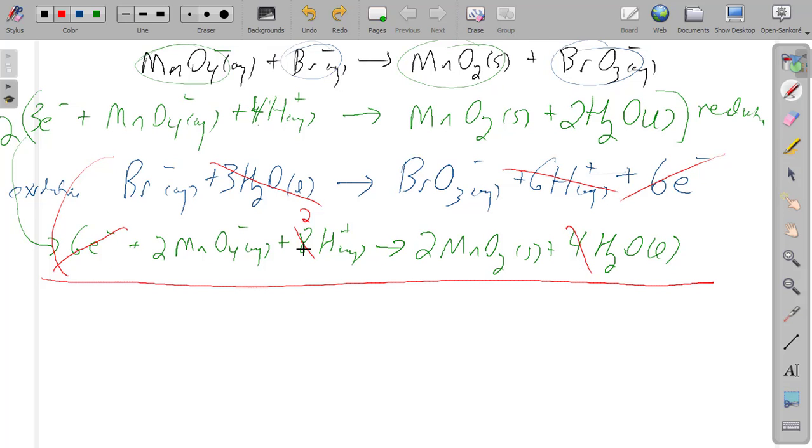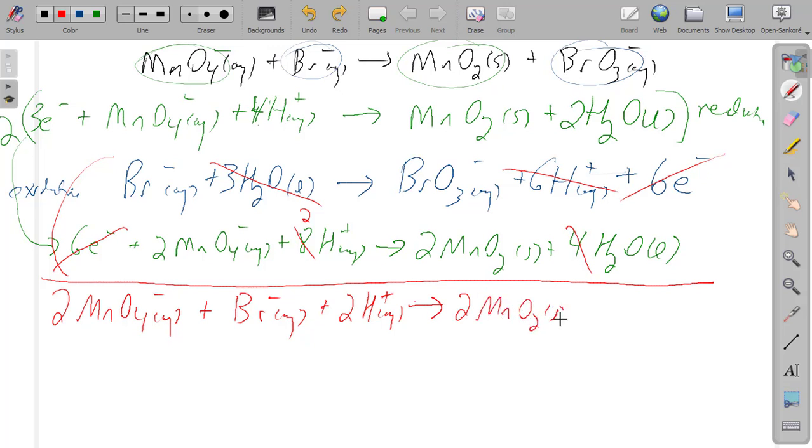So we've canceled out everything that cancels, and so in order to balance this, we have 2 MnO4 aqueous plus 1 bromide, and that's plus 2 H plus, yields 2 MnO2 solid plus BrO3 minus plus H2O. 2 MnO4s plus Br minus plus H2O.